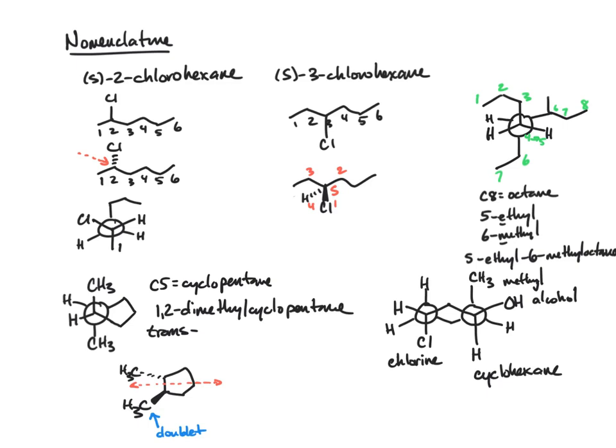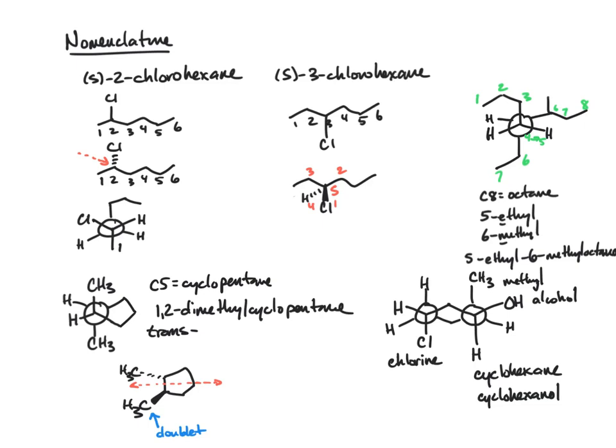The alcohol gets the priority. So it's going to be a cyclohexanol. Now we have a chlorine and a methyl. So chlorine becomes chloro, methyl is methyl, and now we just have to figure out the numbering.